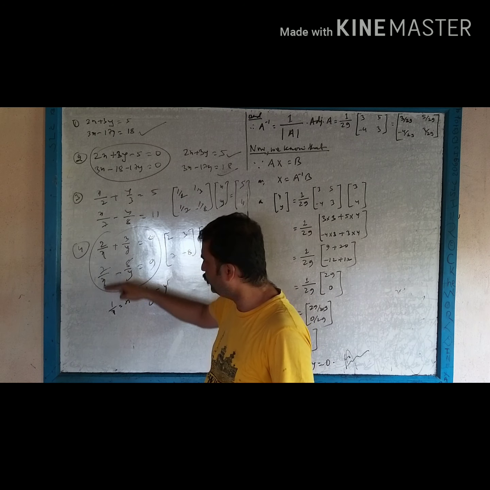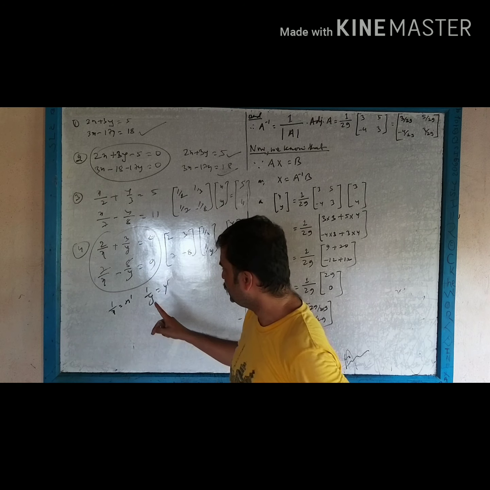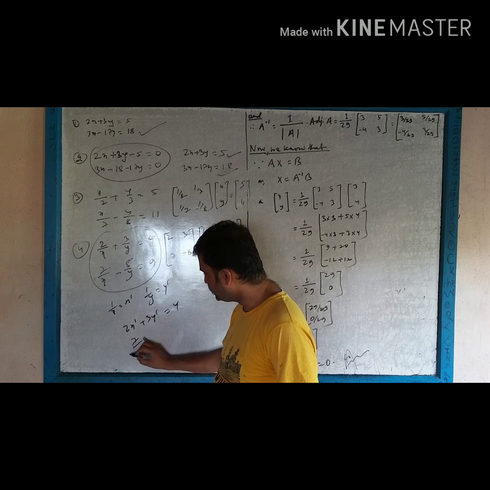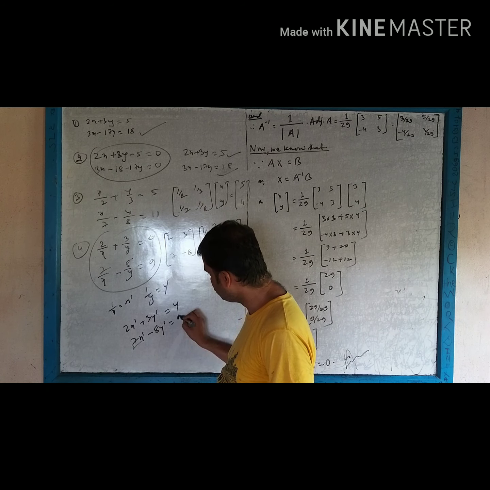Then the equations will be 2x dash plus 3y dash is equal to 4, and 7x dash minus 8y dash equals 9.